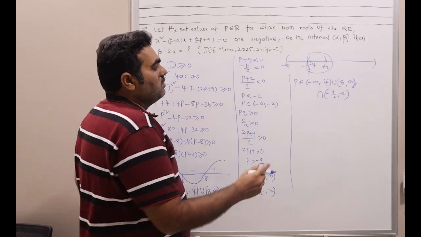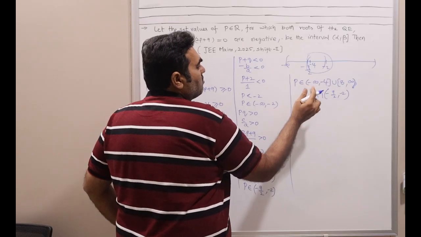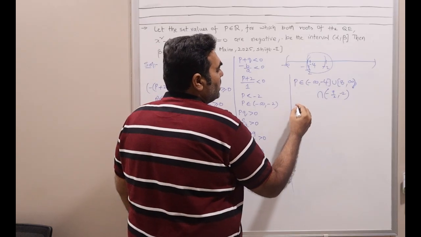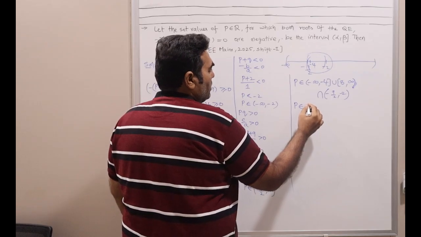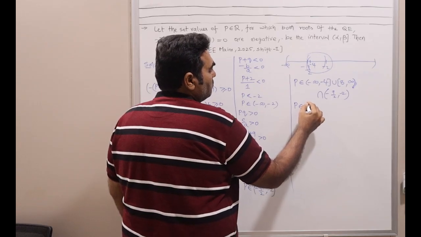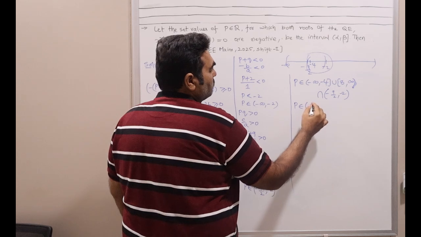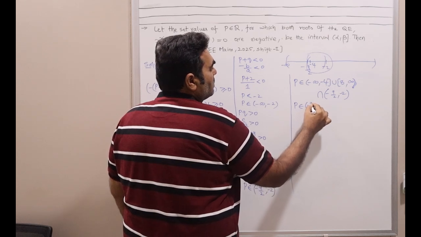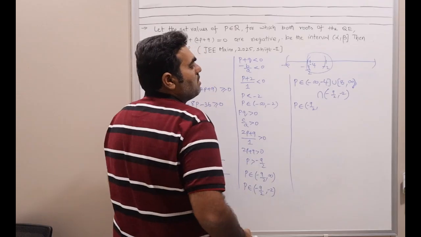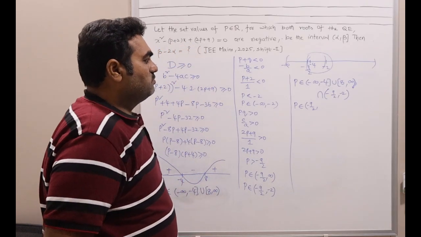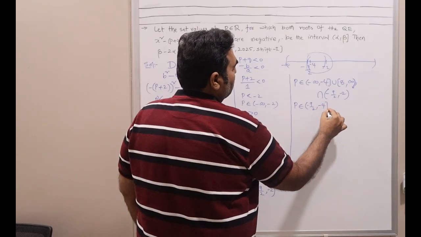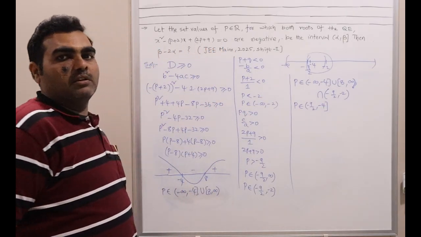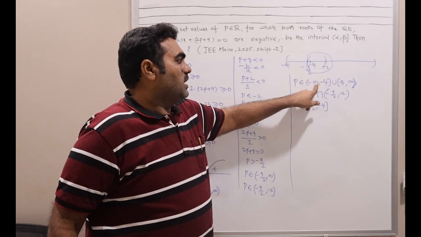That means you can consider this as a common value. So p belongs to minus 9 by 2 to minus 4. Okay, so just before minus 4 you have minus 9 by 2.